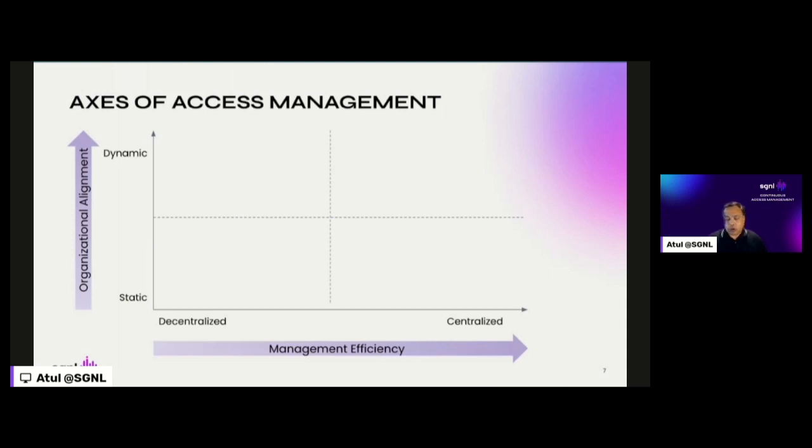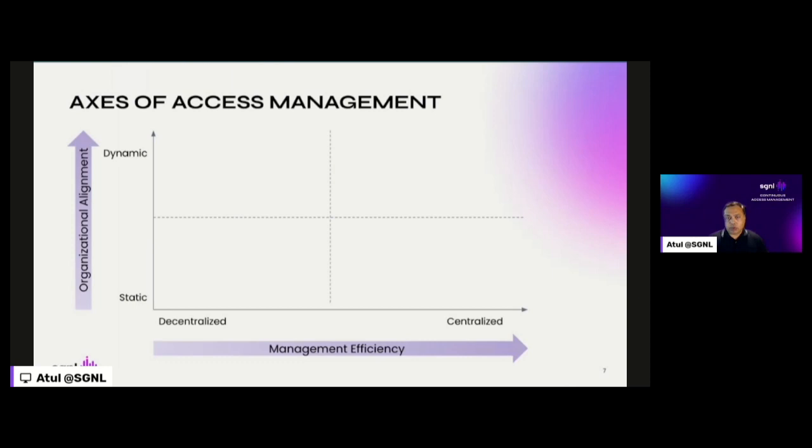No organization is a static organization. Everything is always changing, and the more you can be dynamic and adapt to those changes, the better your access policies are aligned with your organization's needs. So this is the overall lay of the land in which I will measure each one of these access management methodologies.